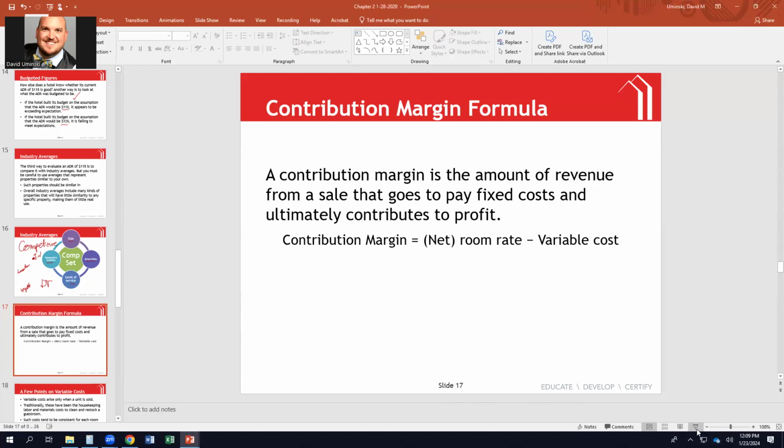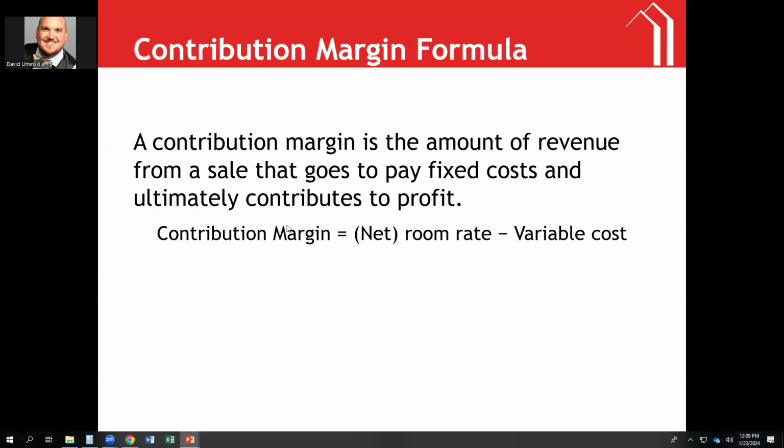Okay. So our contribution margin, we kind of already went over this a little bit by default. What is the root word of contribution? Oops, contribute. Okay.